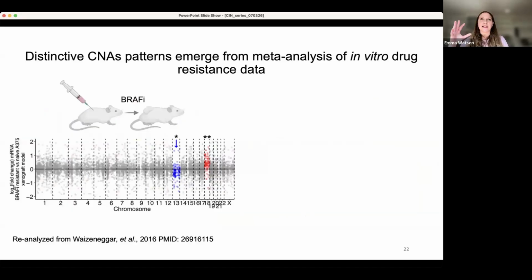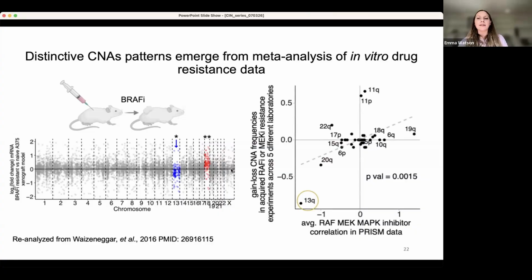So we also found data sets that did in vivo experiments. We see the same thing. We see that in xenograft models of BRAF inhibitor resistance in melanoma, tumors that emerge with acquired resistance also tend to lose chromosome 13, among other things. And so we summarized all of the individual experimental data sets that we could find and compared those to our PRISM correlations.